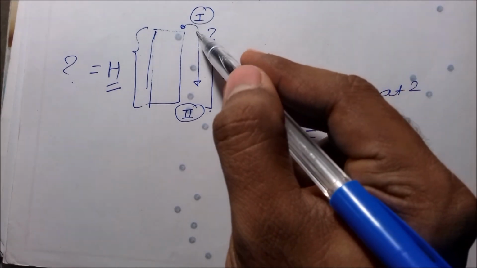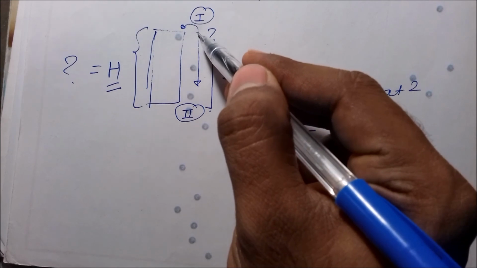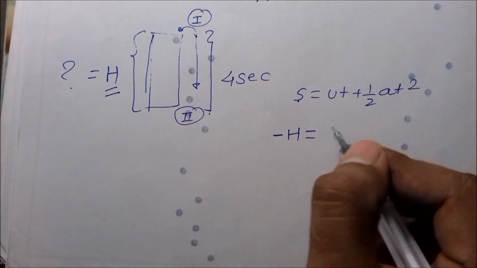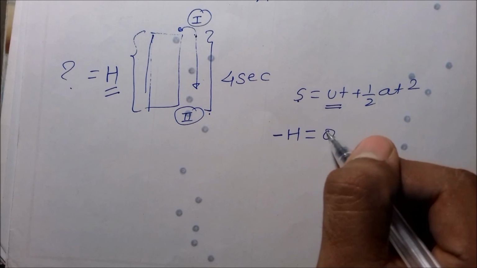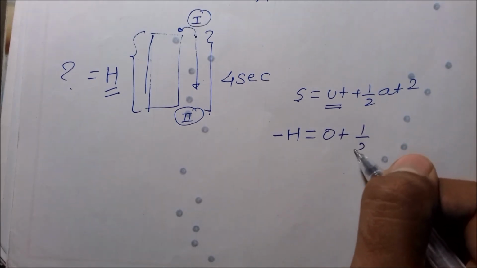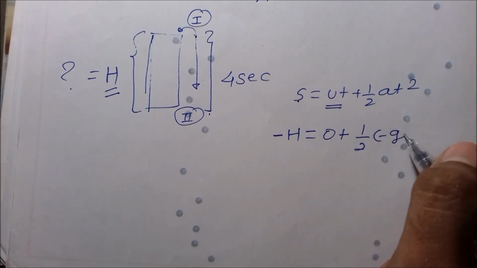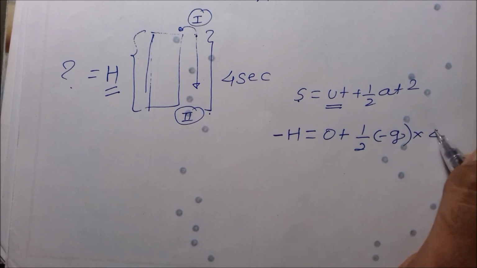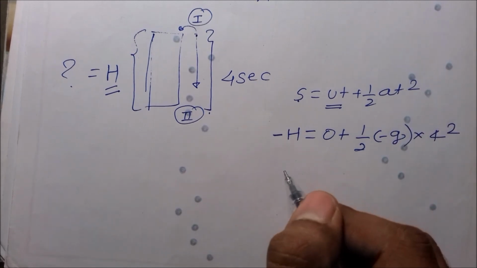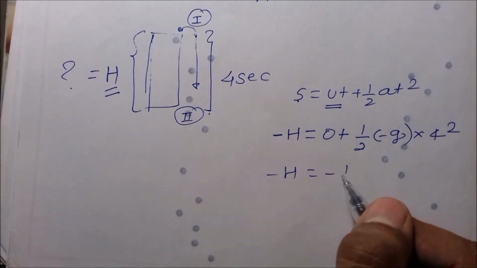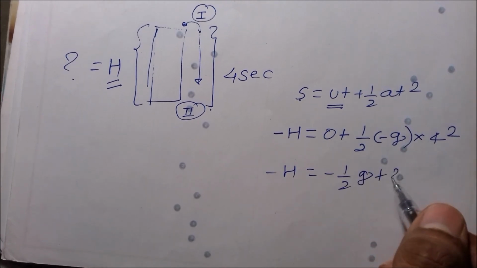The object is dropped from this point, which means initial velocity is 0, therefore this becomes 0, plus half, acceleration is minus g, and time required is 4 squared. So minus h is equal to minus half g t squared.